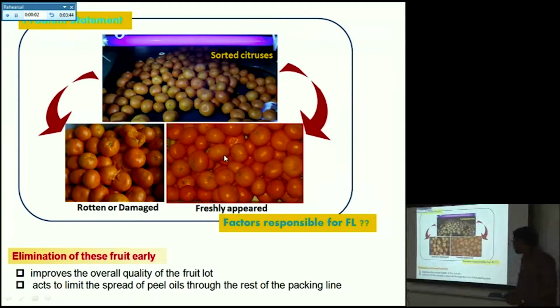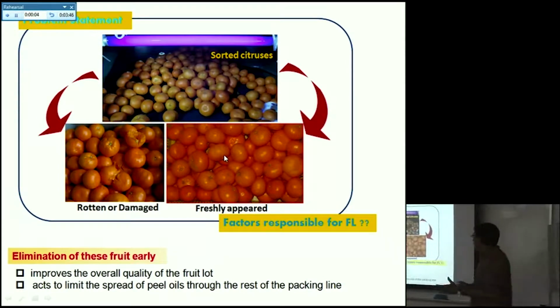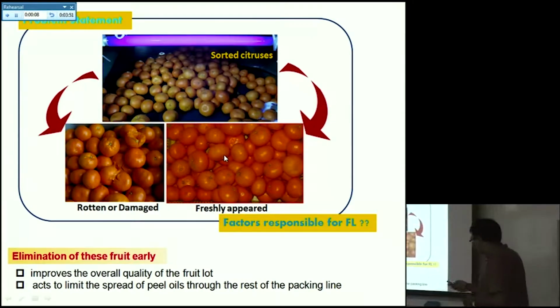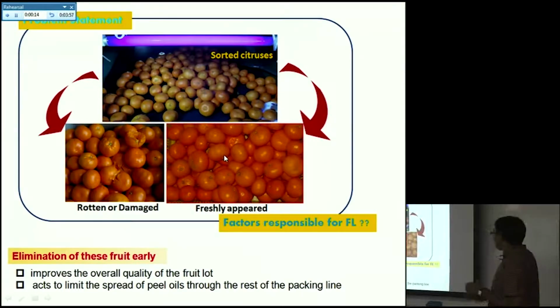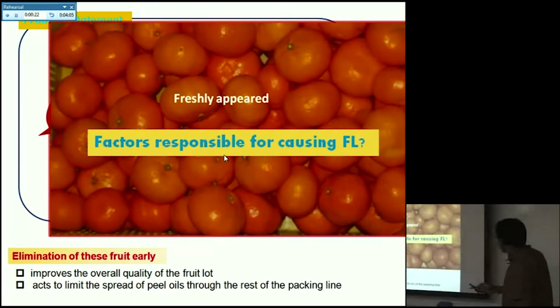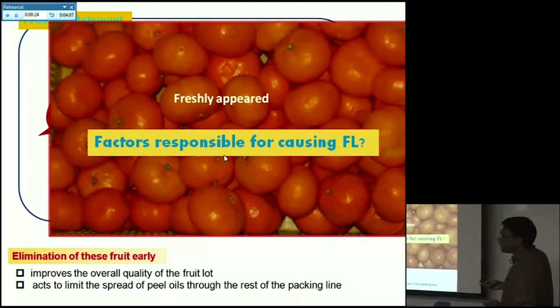However, while processing numerous lots of fruit, we noticed that apart from damaged or rotten fruit mainly caused by biotic factors, there were some citrus that fluoresced and were detected by the system, even though their external appearance was fresh or normal to the naked eye.